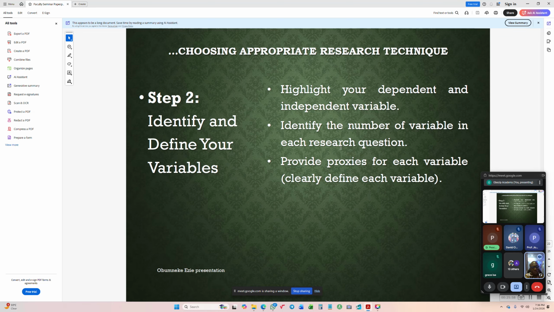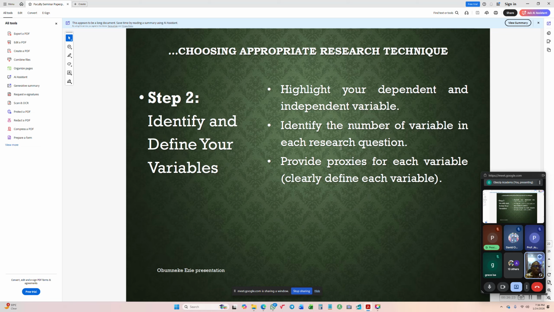Now, the second item we pointed out earlier is to identify and define your variables. Very important. You need to be able to specify your dependent and independent variables, identify the number of variables in each research question, then provide proxies for each variable, clearly defining each of them. There are some research questions that have multiple variables in them, right?